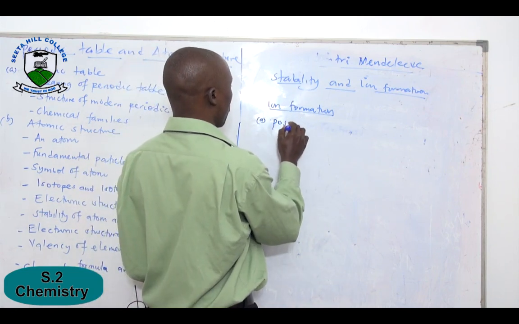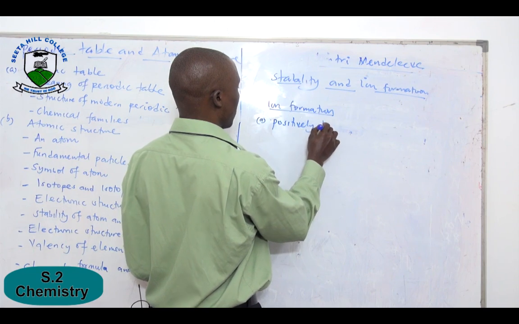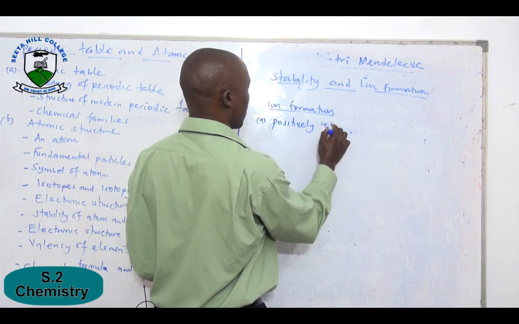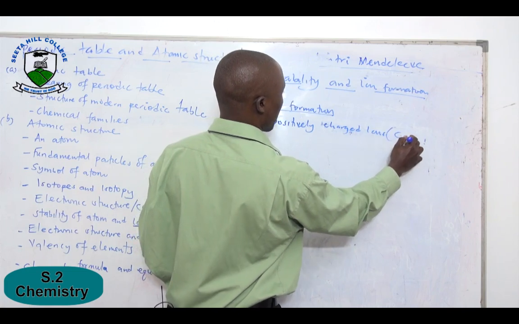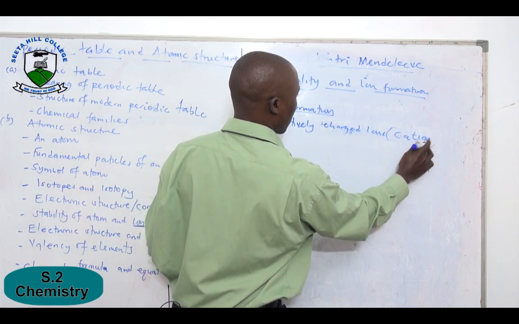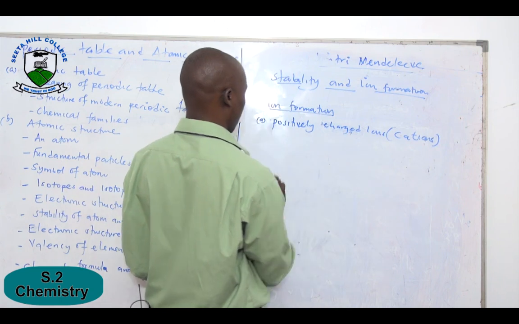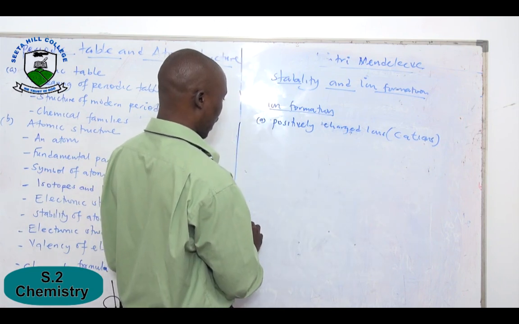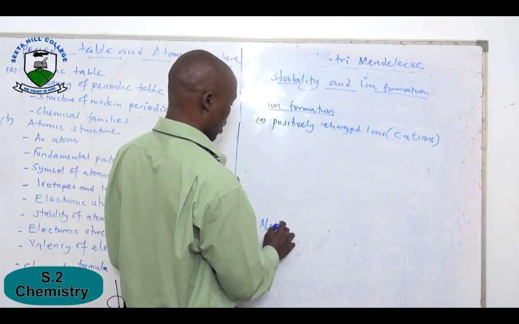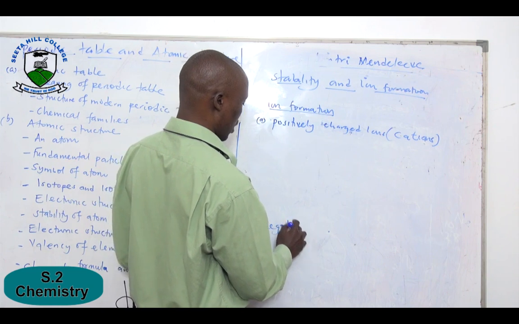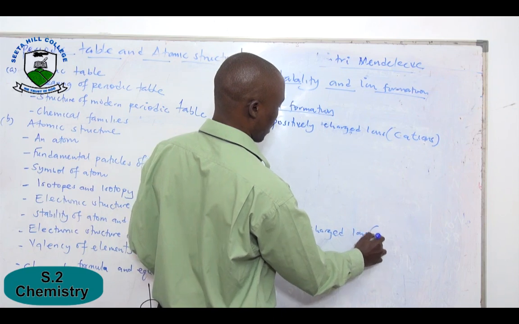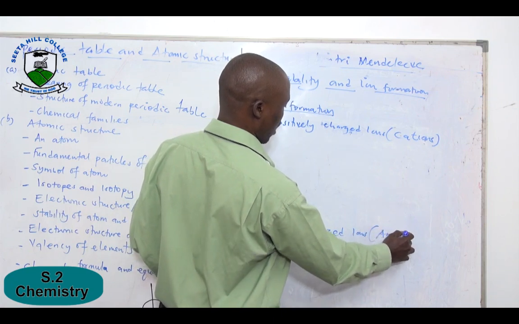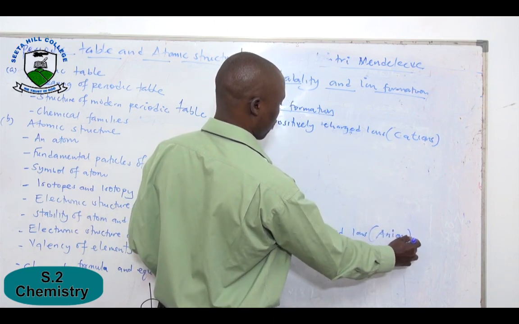We can either form positively charged ions. In chemistry they are called, how do you read that? Cations. Then negatively charged ions are read as, now those are a bit funny.